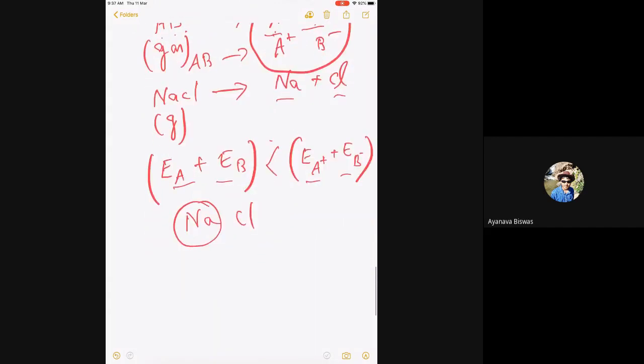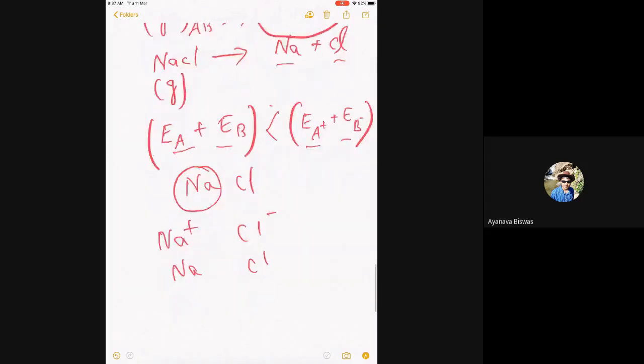You have sodium plus, chlorine minus, and sodium and chlorine. So you said this energy is higher than this energy. Fine. Why? Because every atom's ionization potential is positive, so it requires energy to ionize. But what about this? Chlorine minus can be lower than chlorine because it's electronegative. Do you understand my point?